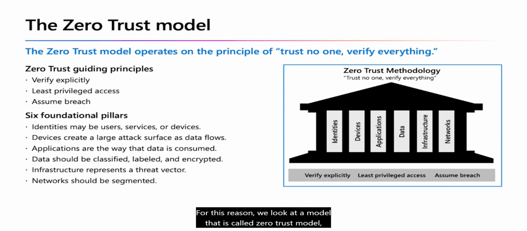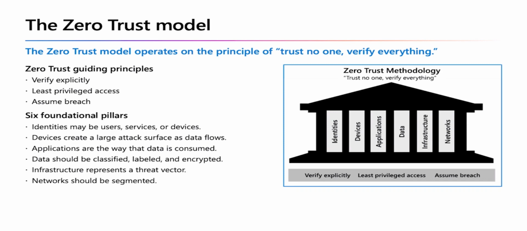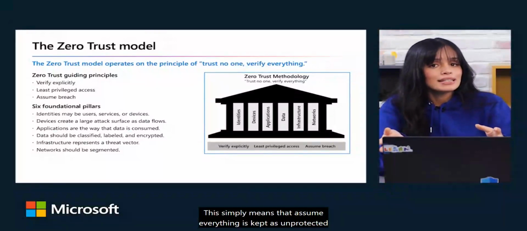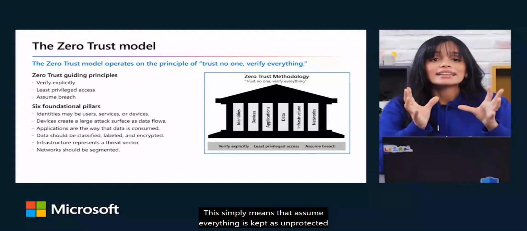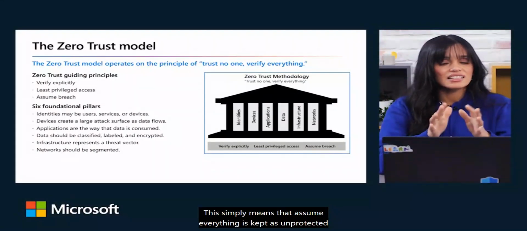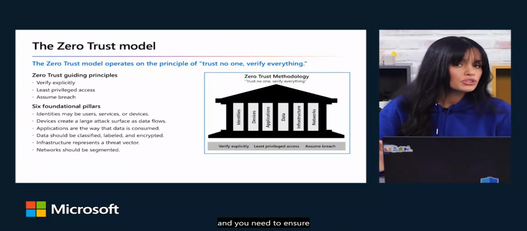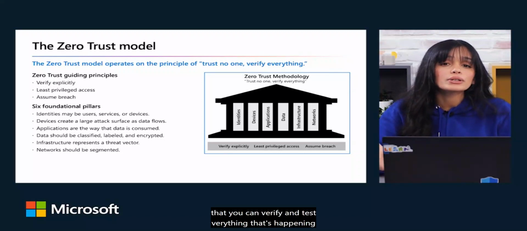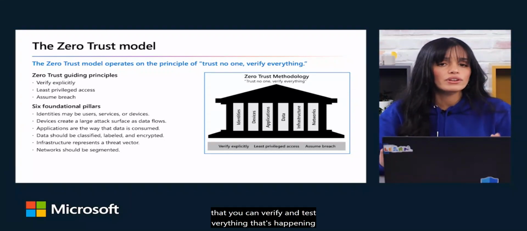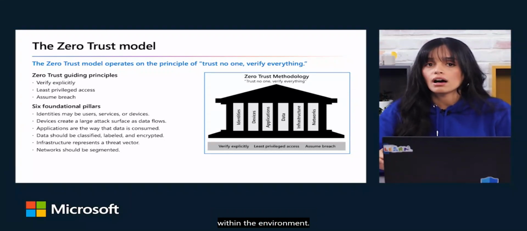For this reason, we look at a model that is called the Zero Trust Model, which simply implies one principle, which is trust no one and verify everything. This simply means that you assume everything is unprotected and in an open network environment, and you need to ensure that you can verify and test everything that's happening within the environment.